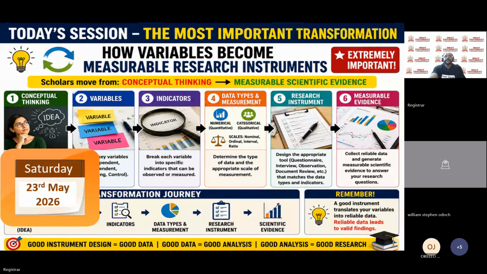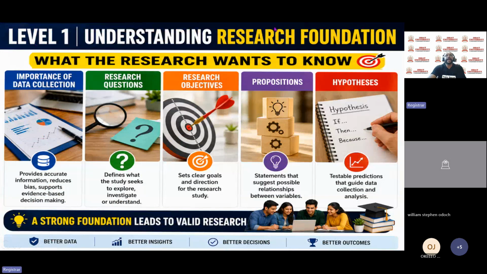So let's try to recall what we have learned last time, because in our last sessions, we were trying to understand the research foundation, because when you go to data collection, research foundation plays a major role.